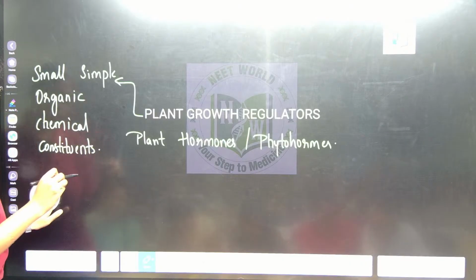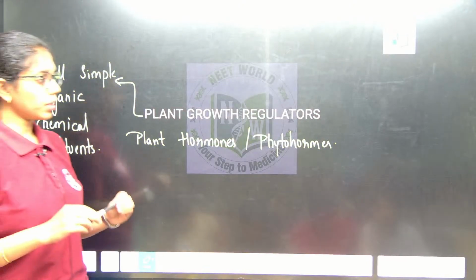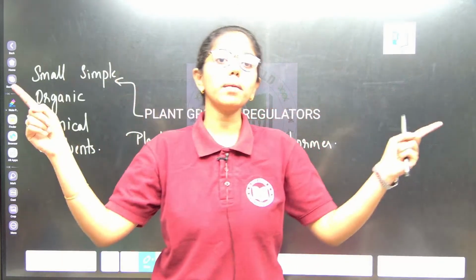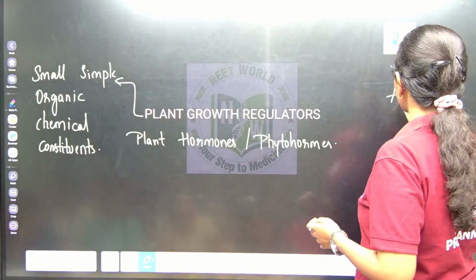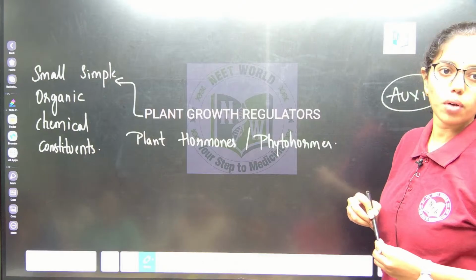Synthesized from any part of the plant body, and their function can be at the part of their synthesis or any other part of the plant body. For example, if I take auxin, auxin is known as rooting hormone.